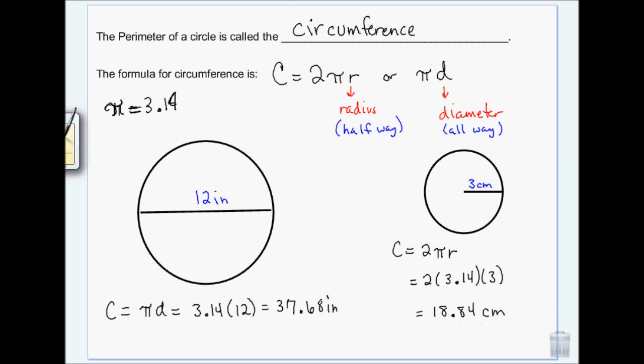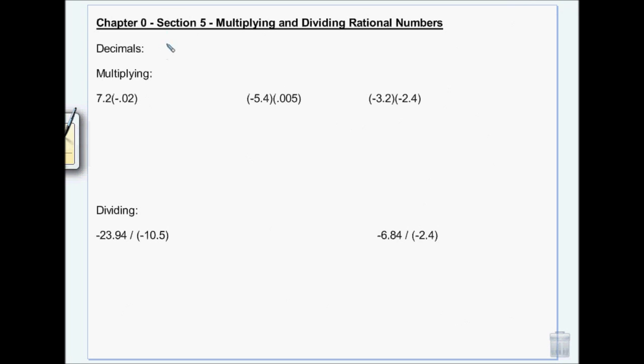Decimals, and we're not going to do this on the calculator. You line it up like normal multiplication.